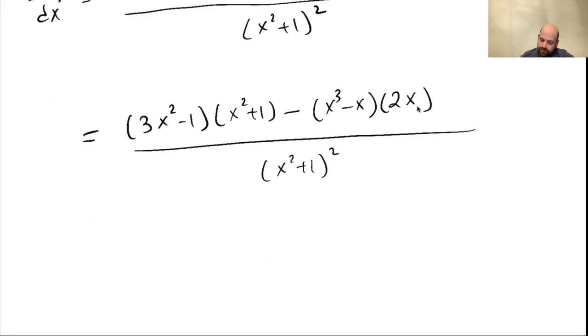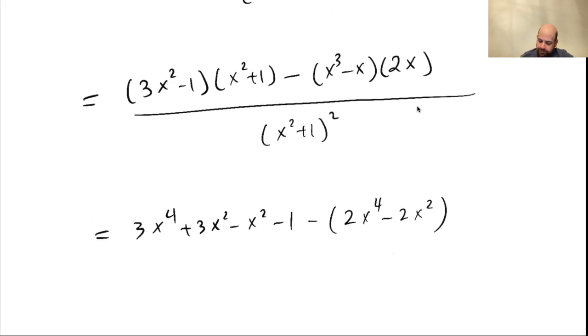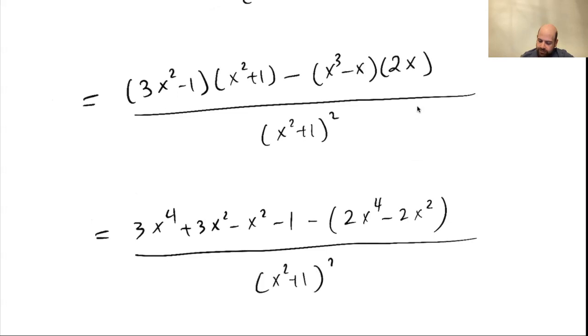Now, if we simplify this further, this is 3x to power 4 plus 3x squared minus x squared minus 1 minus 2x to power 4 minus 2x squared, divided by x squared plus 1 the whole to power 2.